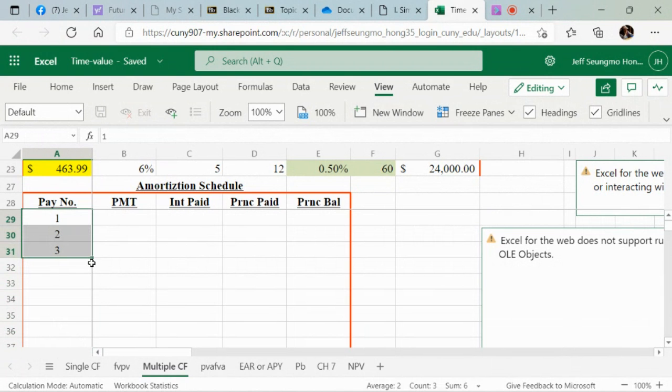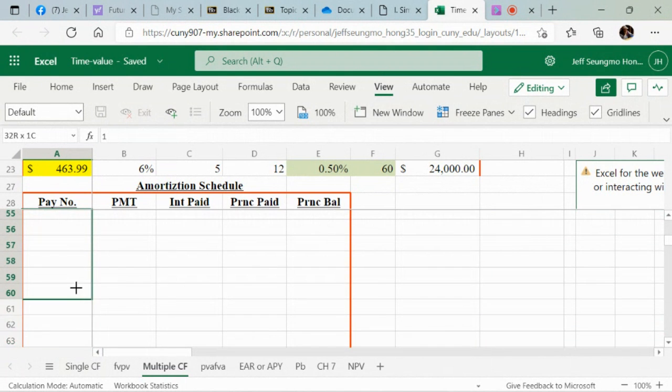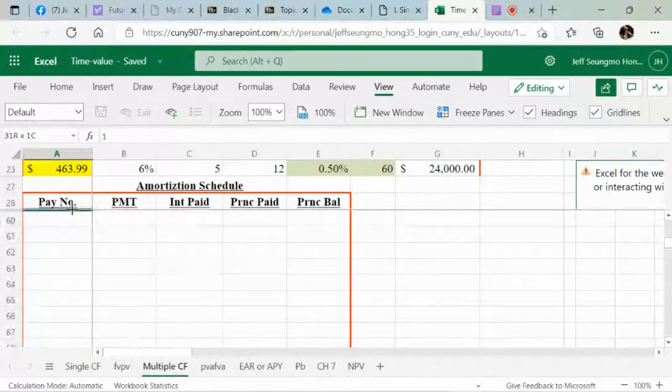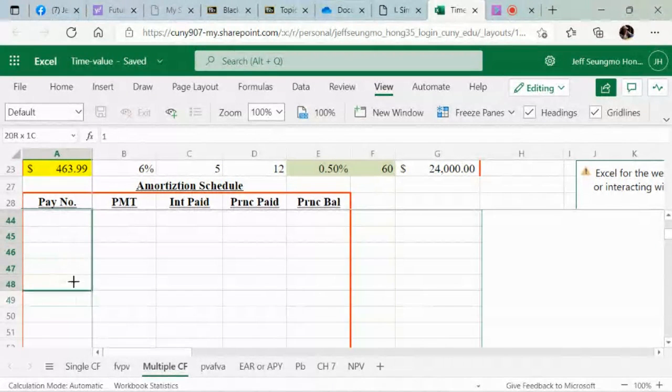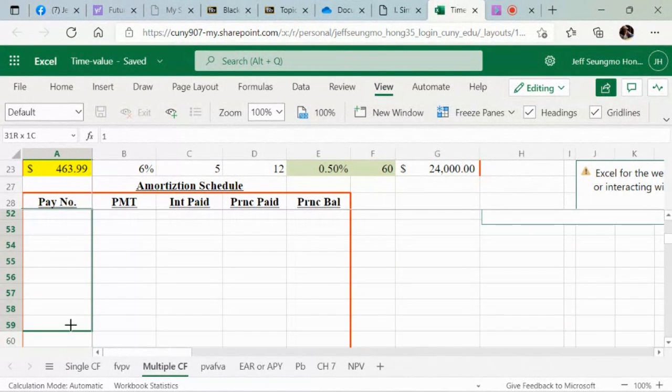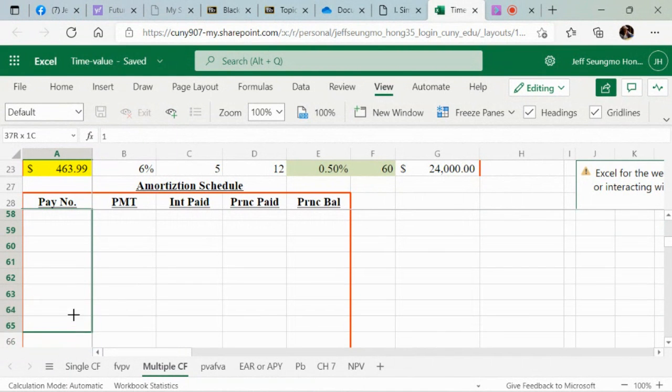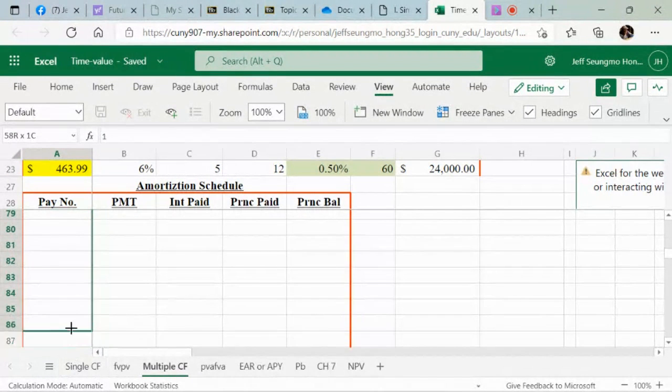And so you highlight those 3 numbers and bring your cursor down to the lower right corner, and you drag it down until you reach 60. Actually, it should be more than 60 because we started from row 29, right?